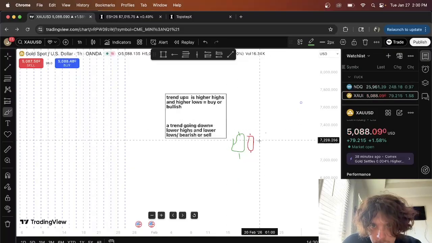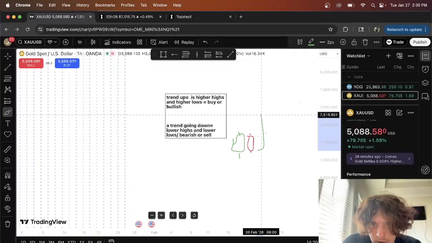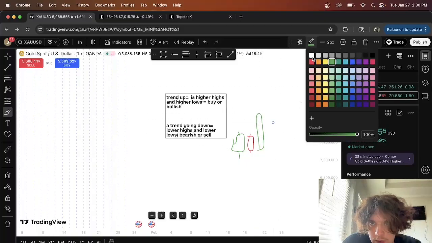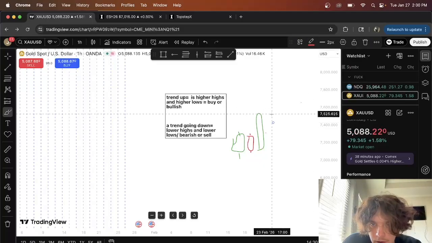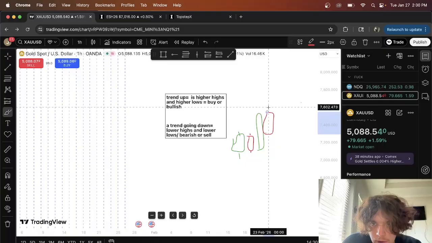Green. The close would be there, so let's just say that's the candle. Switch back to red. I'll explain all this in just a second, hold on. All right.